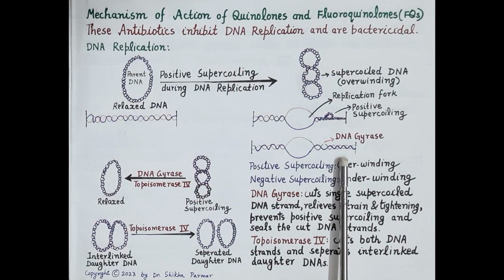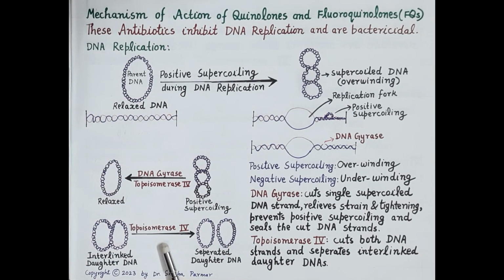Now at the end of every DNA replication, two interlinked daughter DNAs are produced. So there is another enzyme called topoisomerase 4. It cuts both the DNA strands and separates the interlinked daughter DNAs. So the enzymes DNA gyrase as well as topoisomerase 4 are essential for DNA replication.